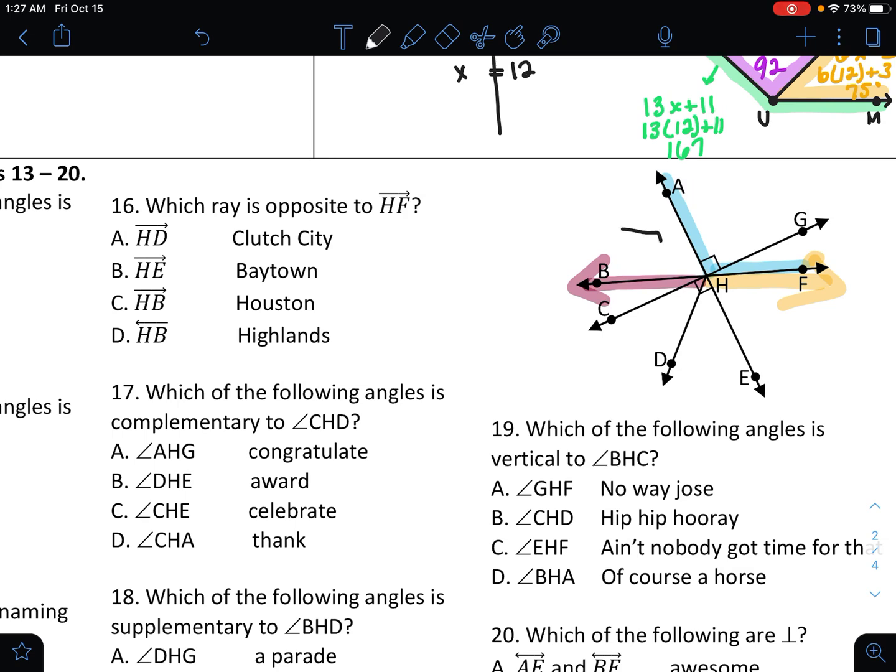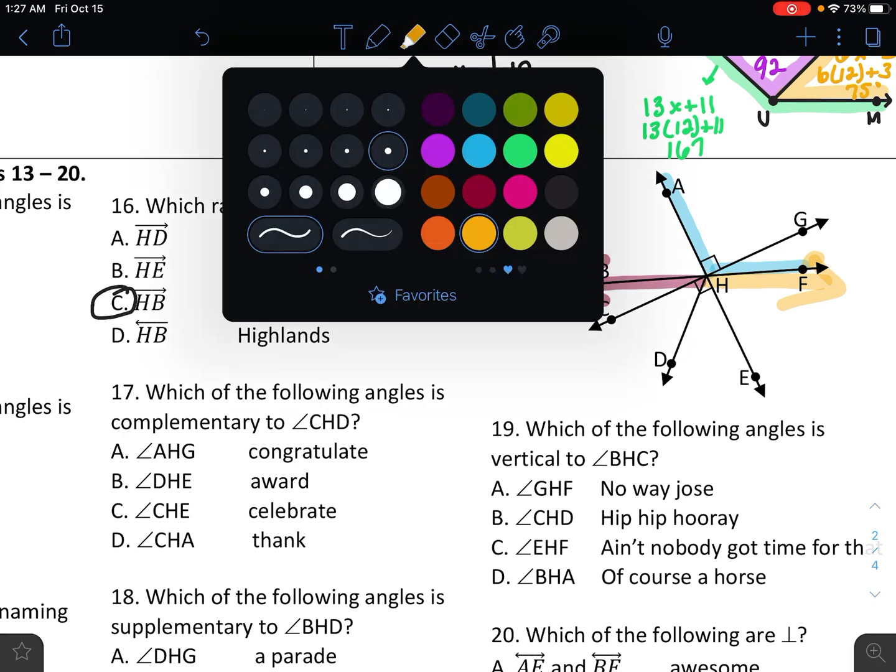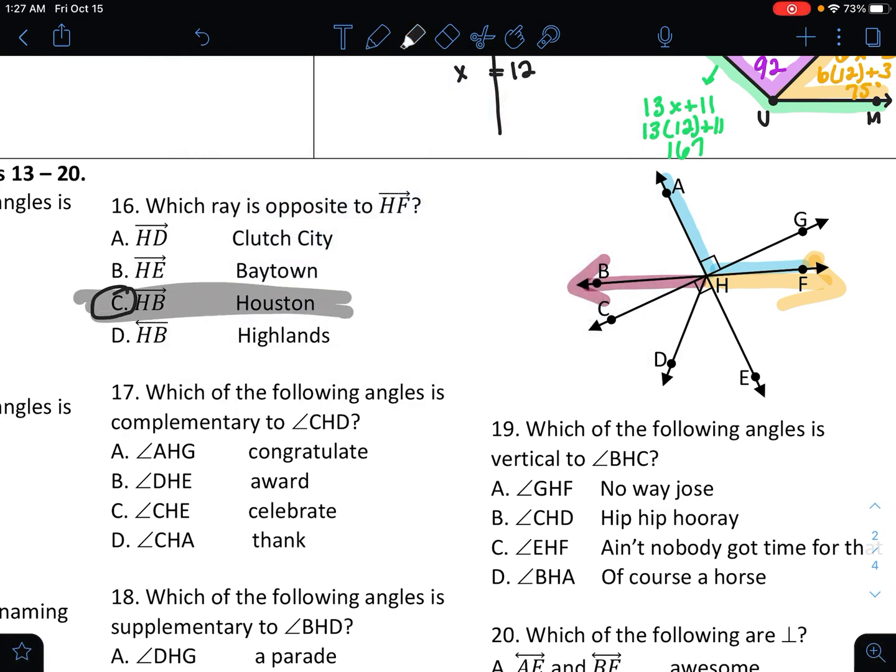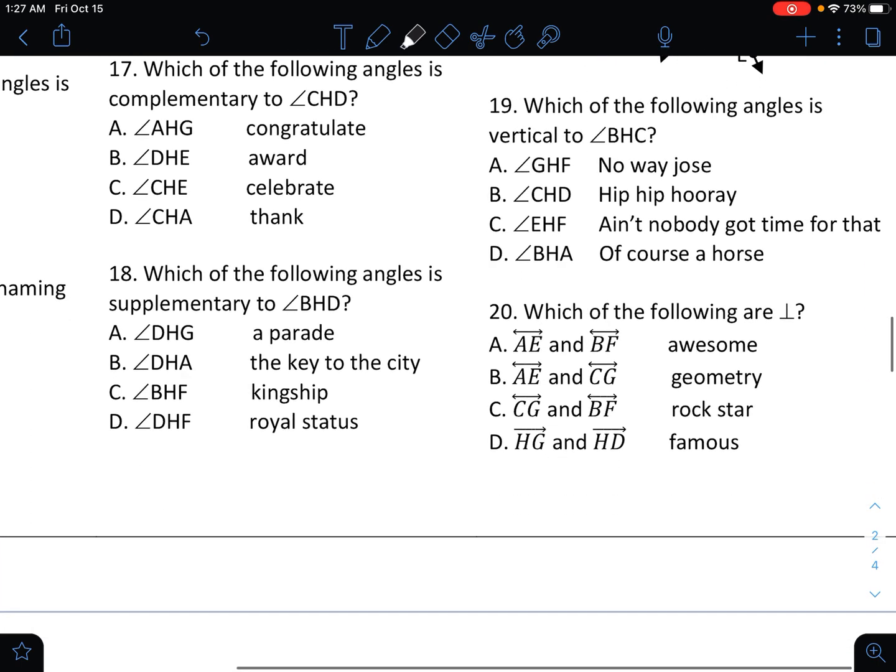Look here. I know this one is pointing to the left, but that does not matter. The ray starts at H and goes toward B, so make sure it does the same thing over here. So H-Town, Houston is the answer. Go ahead and put Houston for number 16.